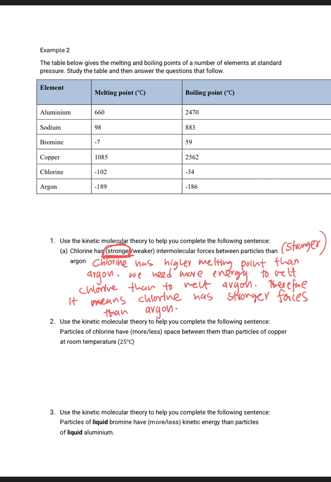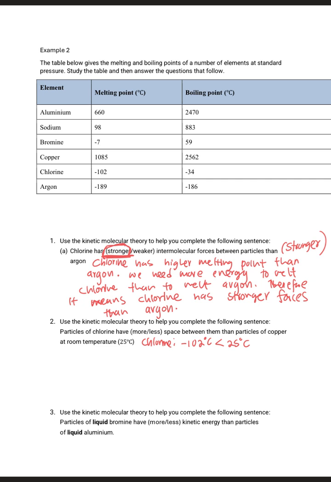So at room temperature, for chlorine, we can see that the melting point of chlorine is minus 102 degrees Celsius, and then it's less than 25 degrees Celsius, which is room temperature.